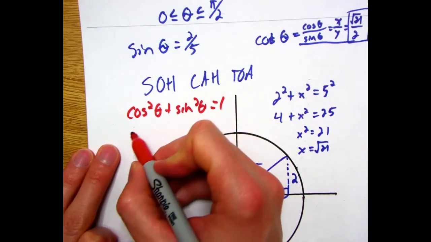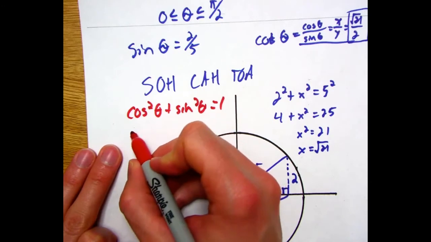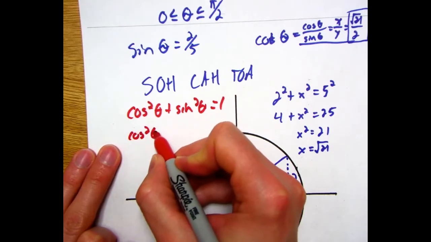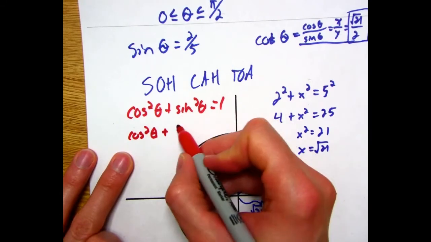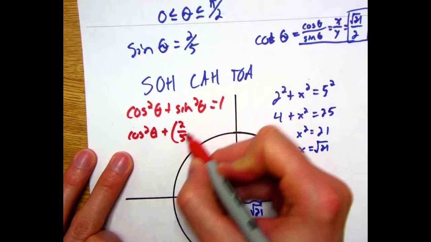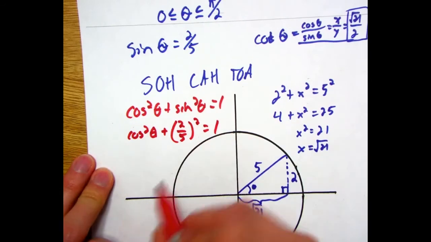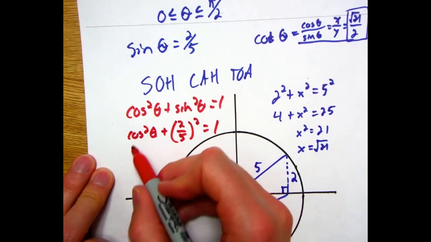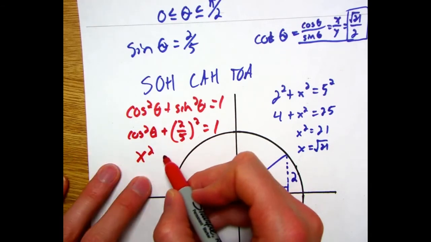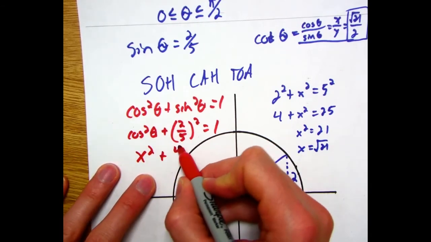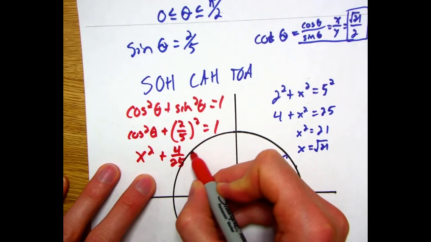And we don't know cosine squared, but we do know that sine was 2/5, so 2/5 squared. So I'm going to just switch this cosine squared into an x to make it a little bit easier. X squared plus, this would be 4/25 equals 1.